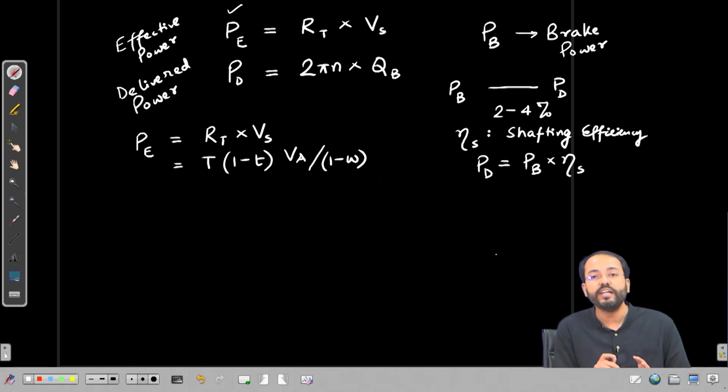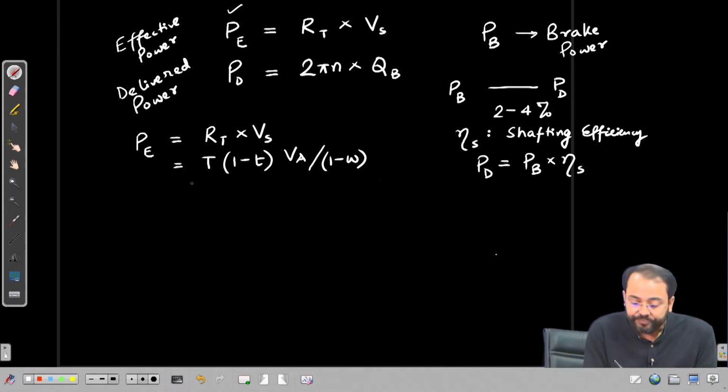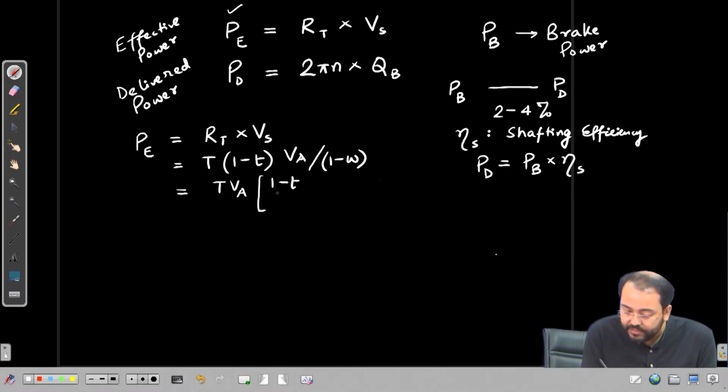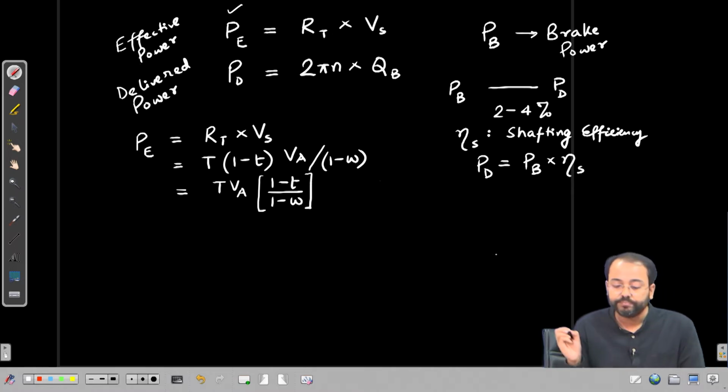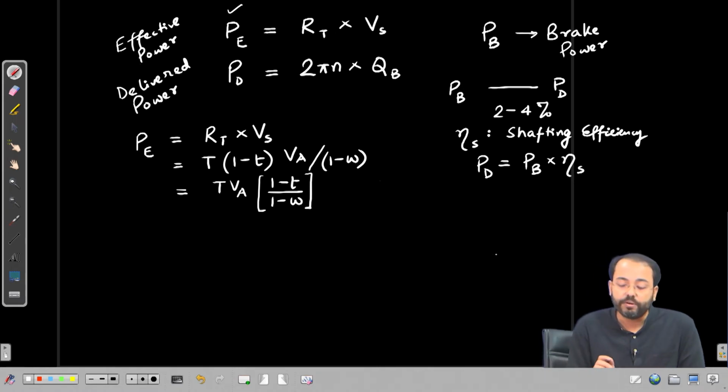This we have already deduced when we discussed hull propeller interaction. So, this becomes T Va into (1 minus t) by (1 minus w). This is the expression for the effective power.